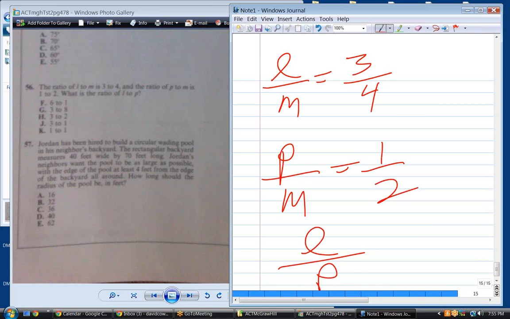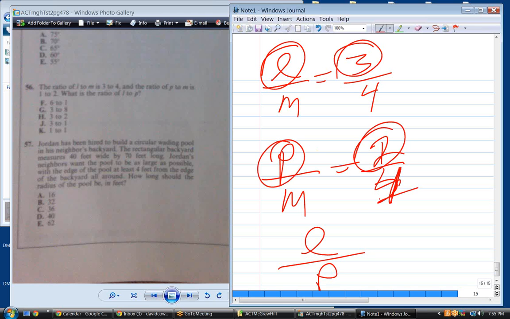No, because your M's weren't the same. Oh, right. Okay, so that'd be 3 to 2. In other words, I need to write this as 2 to 4. And now we can do L to P is 3 to 2, once I've got the M's the same.